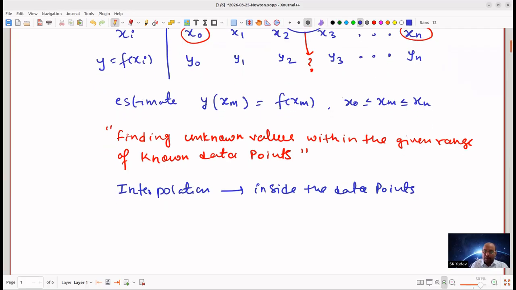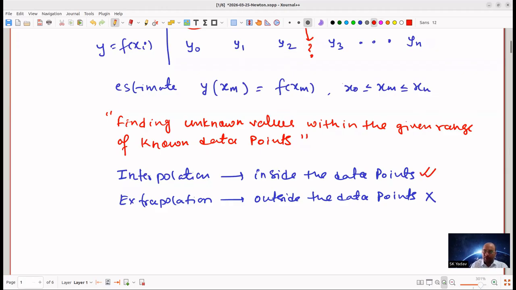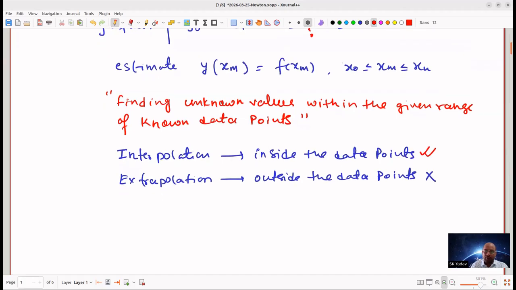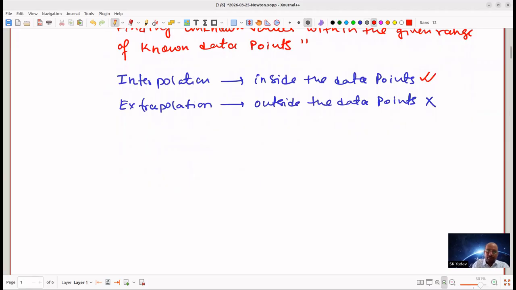And there is a similar word, extrapolation, which means you are finding the value outside the data points, which we will not talk about here. So we will consider only interpolation here, which means estimating the unknown value within the given range of known data points.